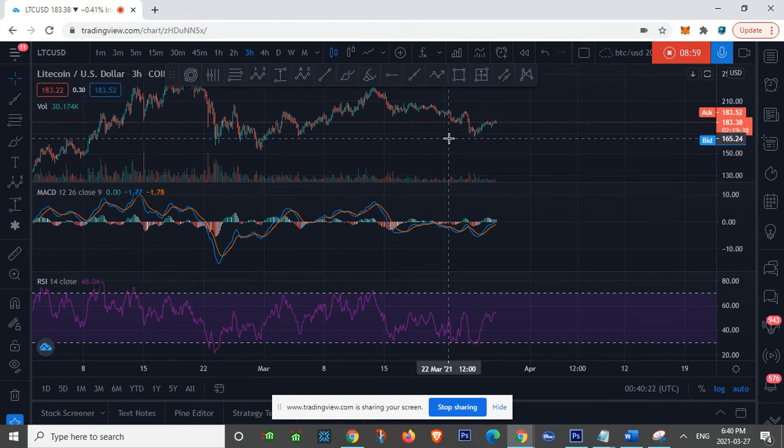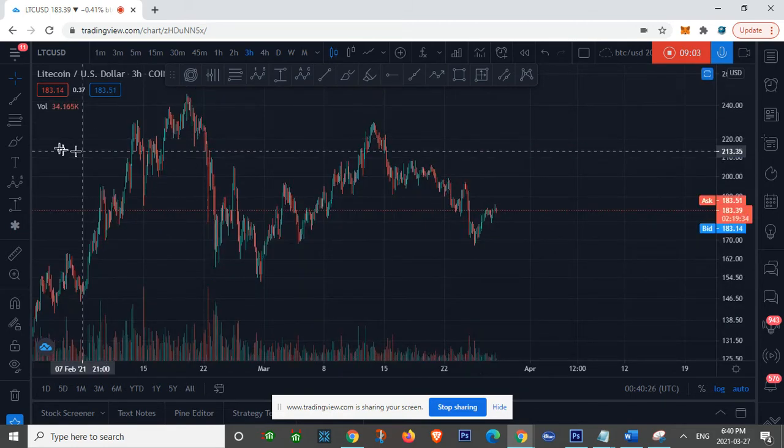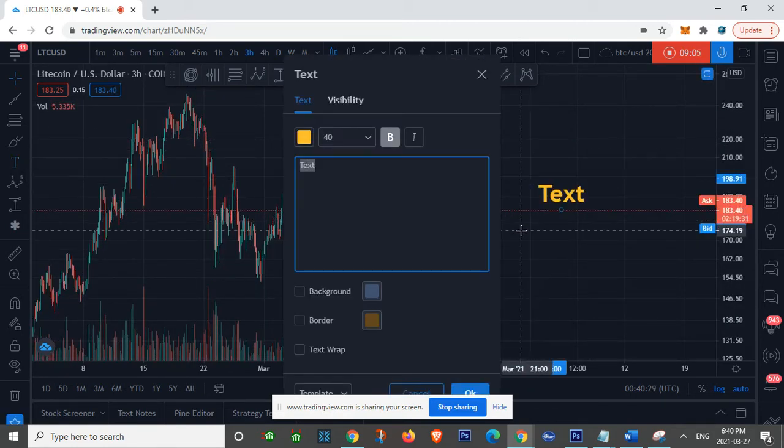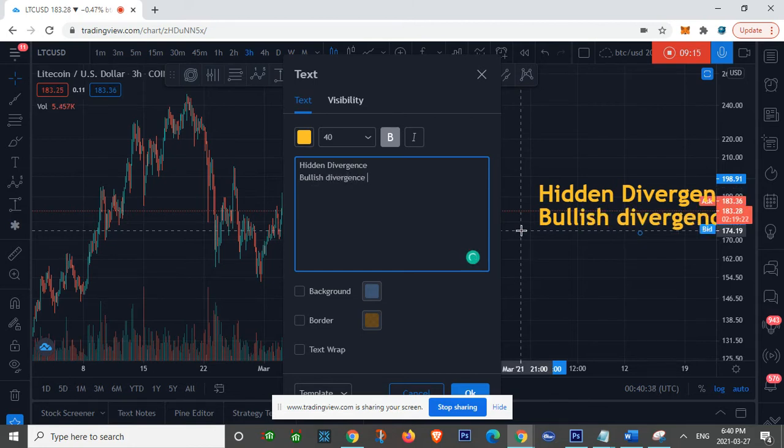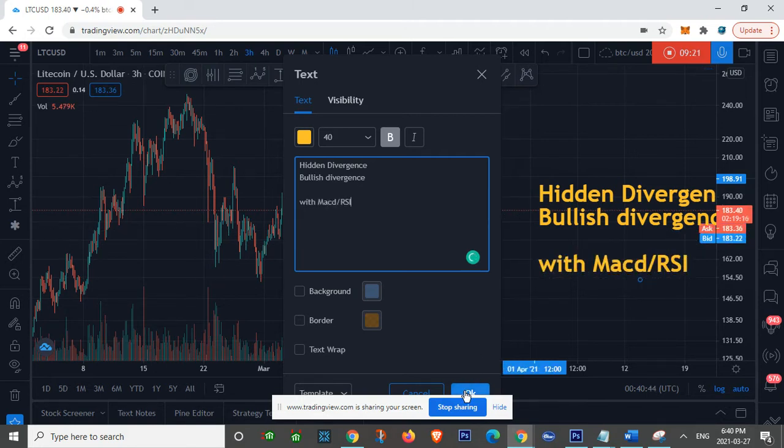So finding bullish divergences, hidden divergences, search up what they are. Let me write them down. So take a screenshot, whatever you gotta do. And bullish divergences. Oh, I spelled it wrong. Divergences with MACD and RSI, okay?